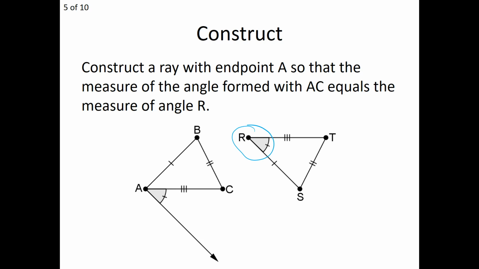And then using the side of our first triangle, side AC, I'm going to produce a ray from vertex A out of that side such that the angle created here is also the exact same measure as angle R. And I'm allowed to do that. That is using the protractor postulate. I'm actually using both of its clauses. I can measure and make measure. So that's our very first construction, actually producing this angle such that it's equal to angle R.